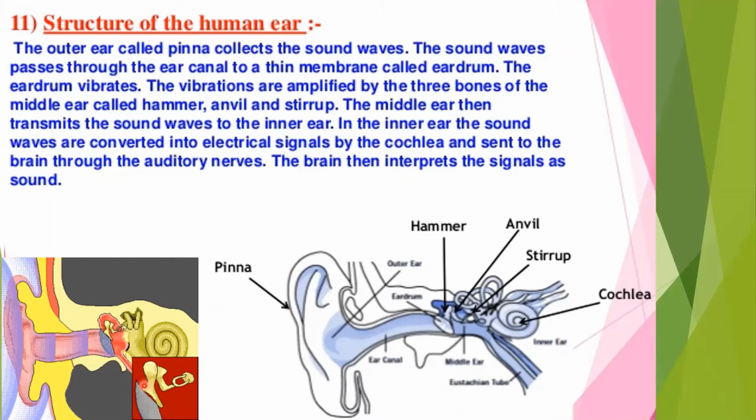You can think that these are the 3 bones. And this is the inner ear, which converts the vibrations into electrical signals and sends them to the brain through the auditory nerves. Then what does the brain do? The brain then interprets the signals as sound.